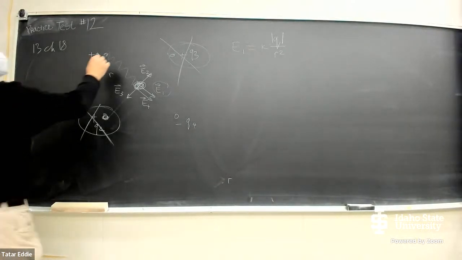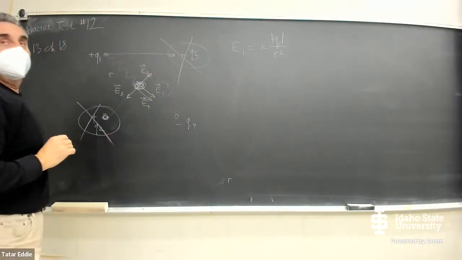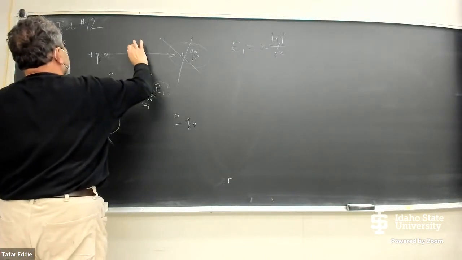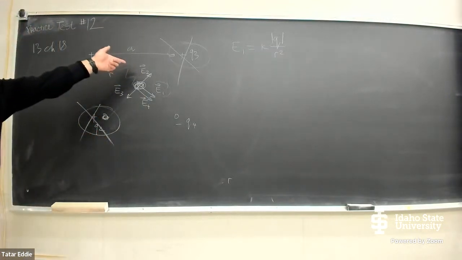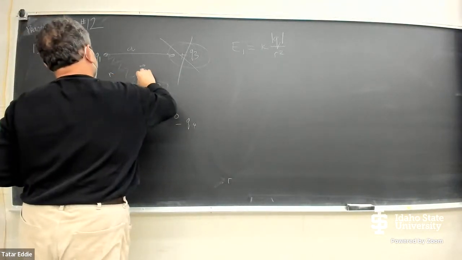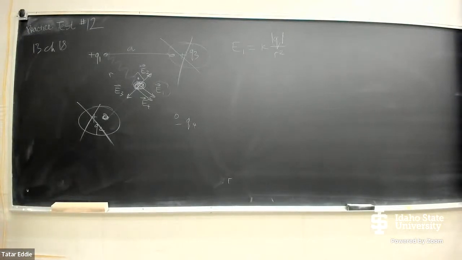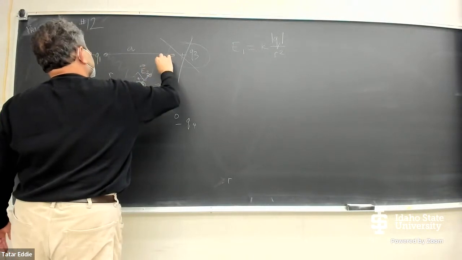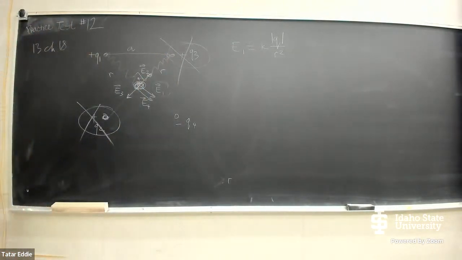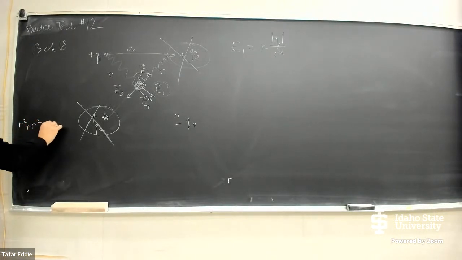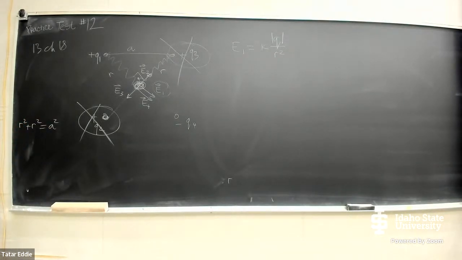And you're given that the side of the square is A. The diagonals of a square are perpendicular to each other and also equal to each other, which means that this side of the triangle that is formed is also R. And the Pythagorean theorem says that R squared plus R squared is equal to the hypotenuse A squared.